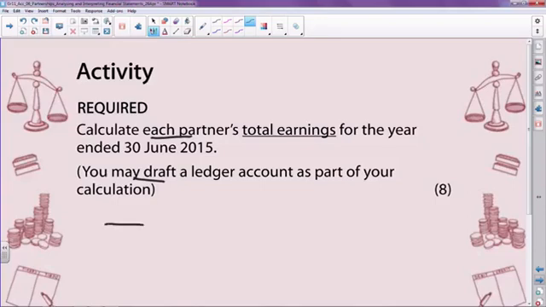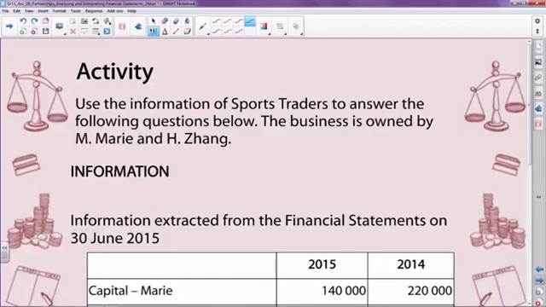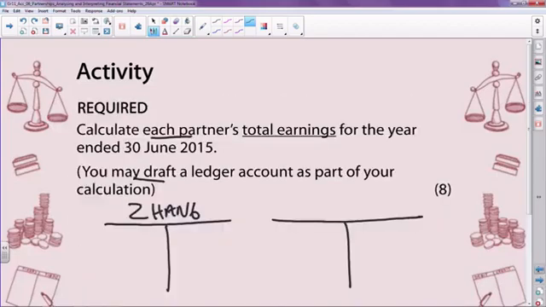Now remember, we've got two partners. So we've got partner Zhang, and we've got another partner called partner Murray. Now which ledger accounts are you going to reconstruct or draft?